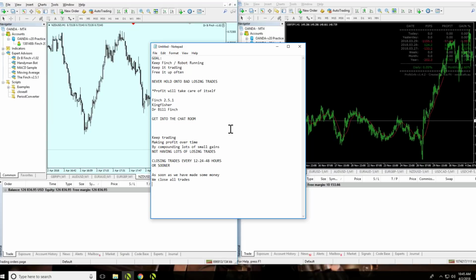Even the losers! As Tom Petty would say, get lucky sometimes. So we close all the trades, even the ones we think are coming back. We clear the decks, close out trades, and start over. The robot will automatically pick up and start trading again, and we don't have to do anything.